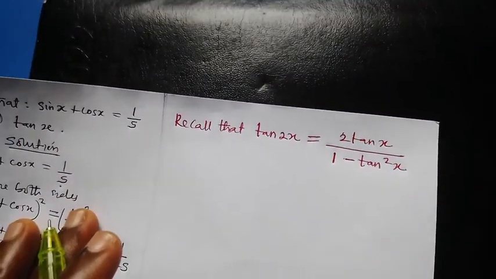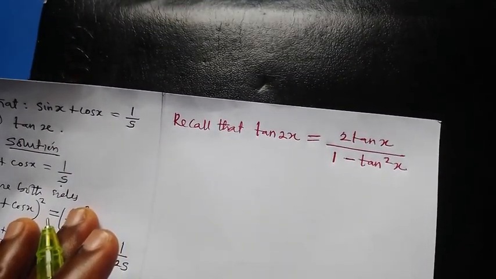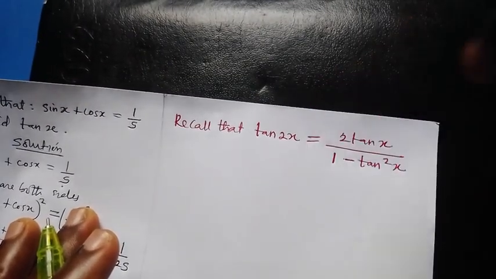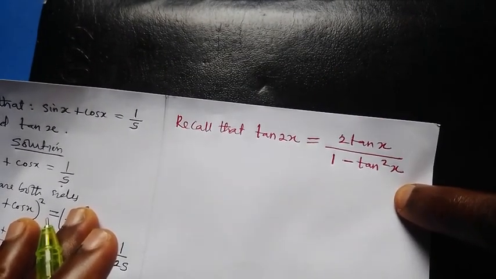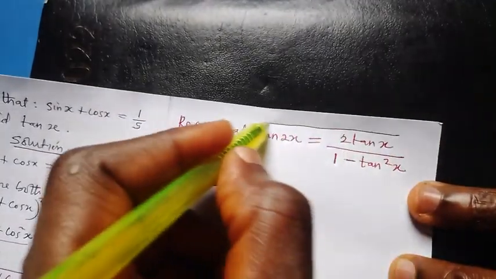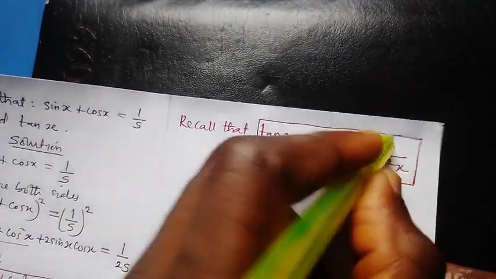This is another identity that will help, because our target is to obtain tan x, but what we have so far is tan 2x. So we can use this identity to get the value of tan x. Okay, so we'll just go ahead and box this.